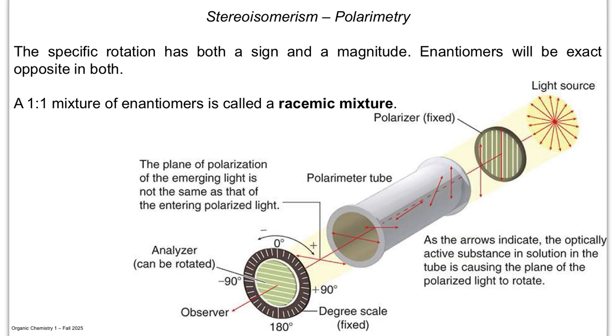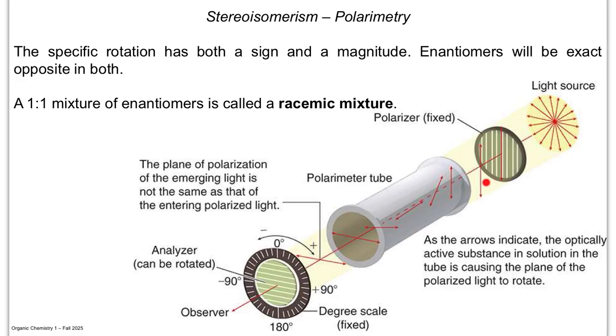So the experiment that you did: there's a light source, there's a polarizing filter, then you have a tube with your sample in it. So you have all these EM vectors. One of those is selected out through that filter.